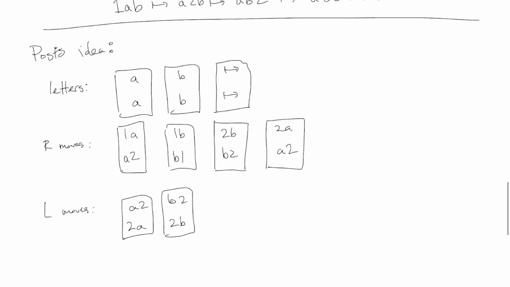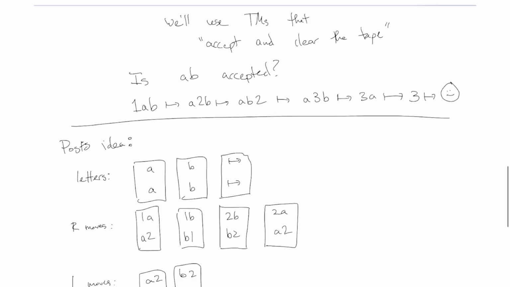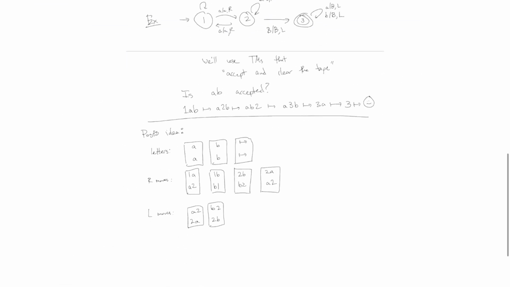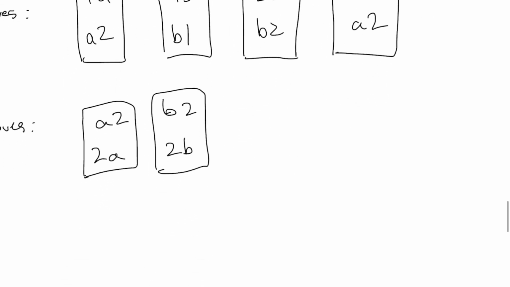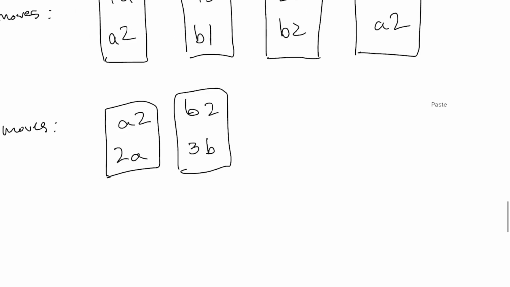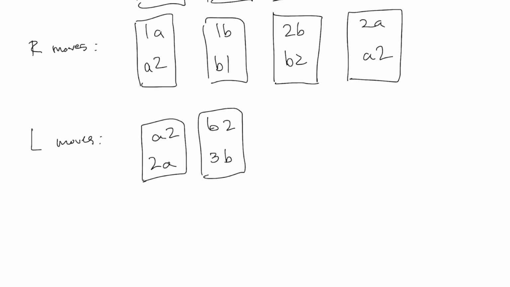So these 2 leftward moves are the ones, sorry, I meant to have a 3 on the bottom. B 2, 3 B. This corresponds to being in state 2 and seeing a blank and then moving to the left and changing to state 3, like that.